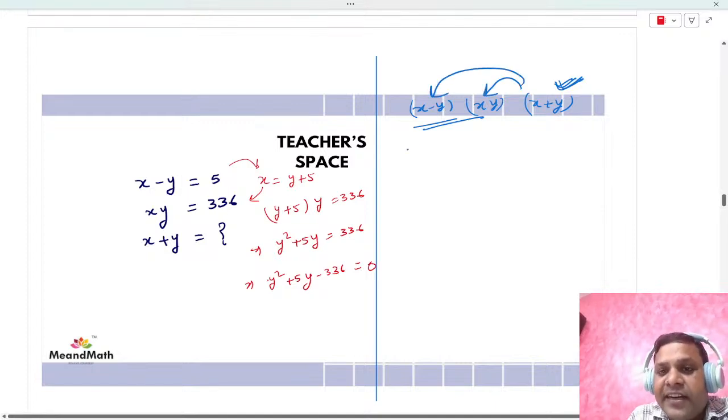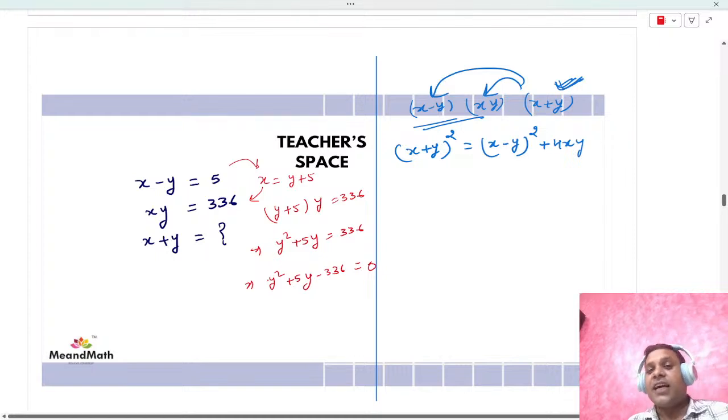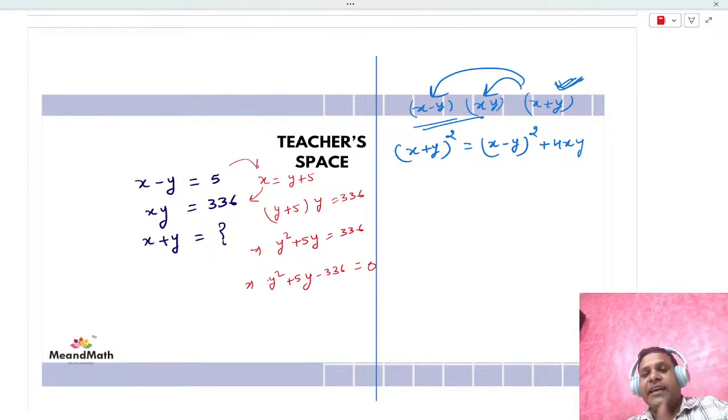So we have an identity, and we have read a formula. x plus y whole square is equal to x minus y whole square plus 4xy. Yes or no? If not, then remember it, it is very important: x plus y whole square is equal to x minus y whole square plus 4xy.